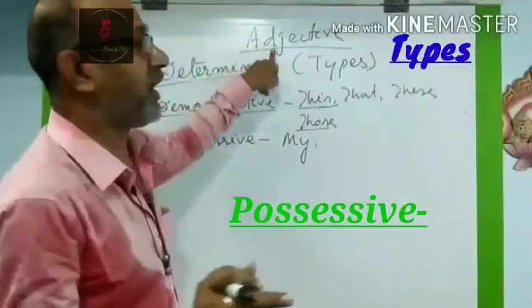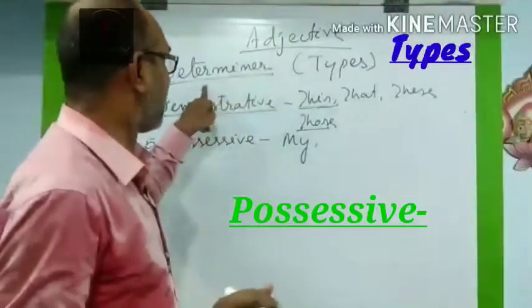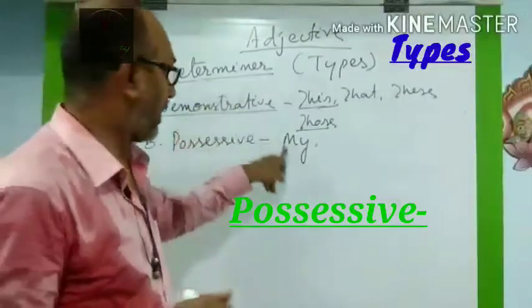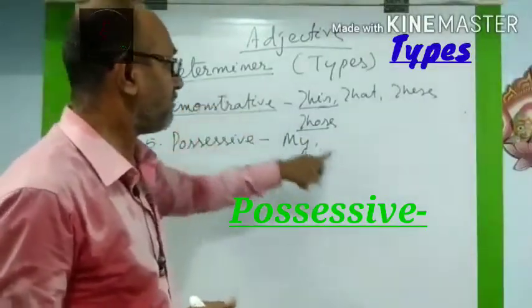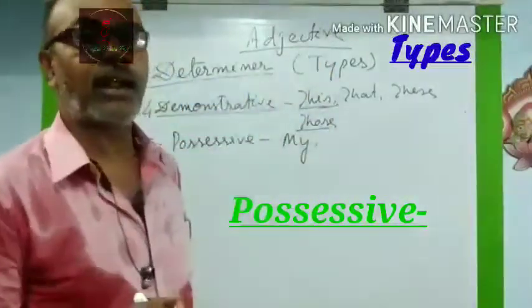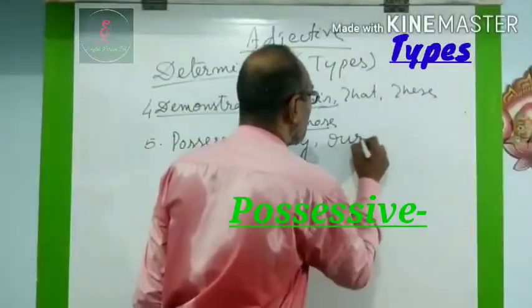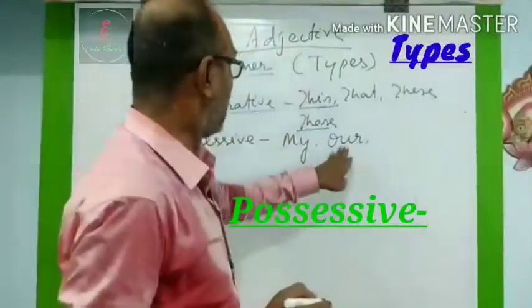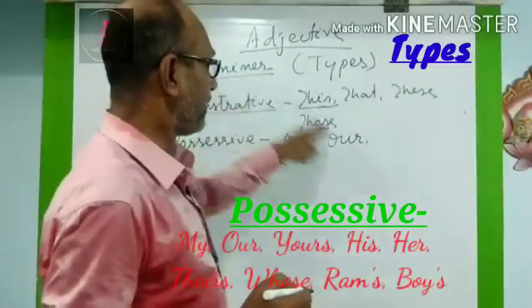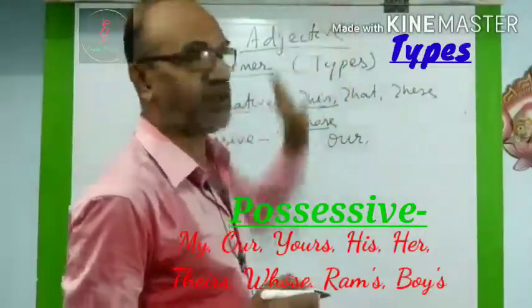That is an adjective. My is a determiner, mine is an adjective. Our is a determiner, but ours is an adjective.